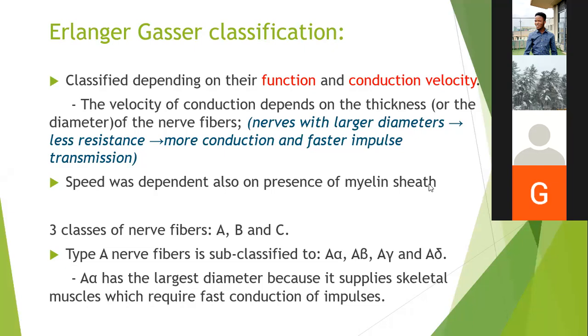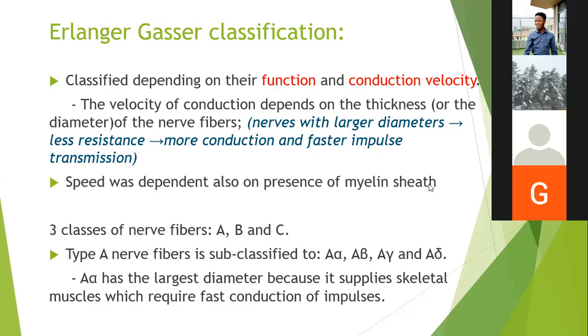Number two, you find that the Langerhans captures classification of both motor and sensory neurons. The Lloyd's classification only captures the sensory sensations. The third difference, Langerhans has three major classifications, that is ABC.